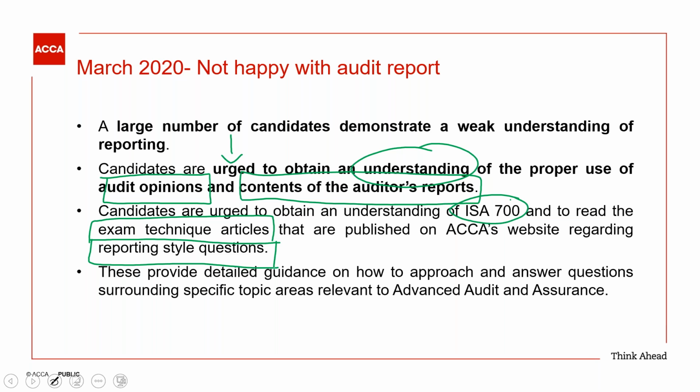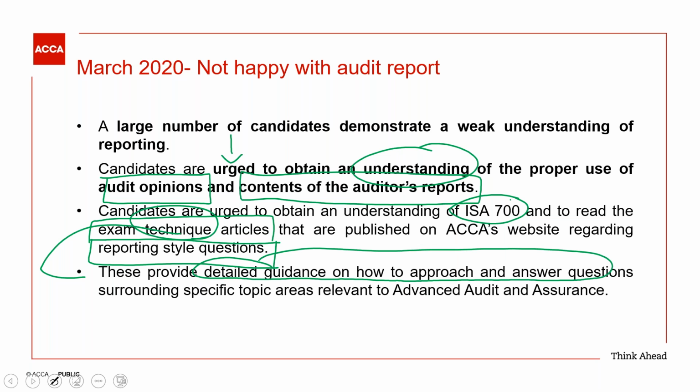The last thing: these articles provide detailed guidance on how to approach and answer questions on specific topic areas relevant to advanced audit and assurance. So the examiner is saying this technique article is a wonderful article because it provides detailed guidance on how to approach and answer the question. If you want a very clear idea on how to approach and answer, this technique article will be helpful.